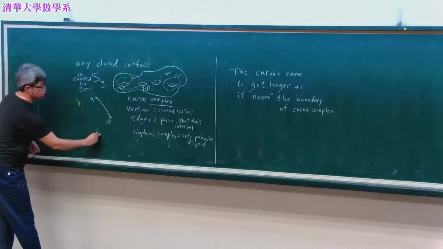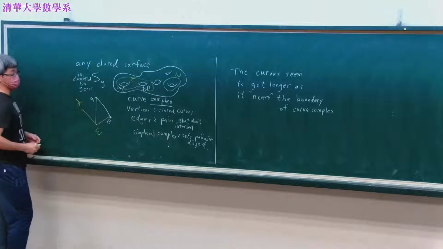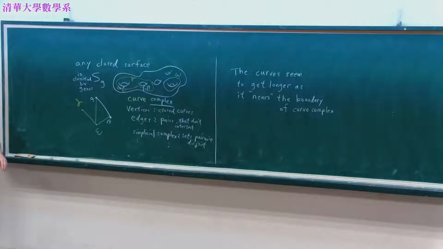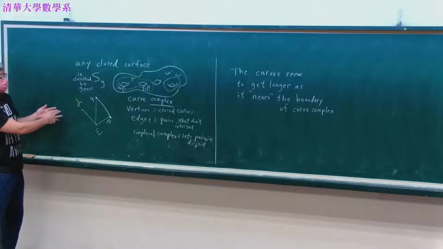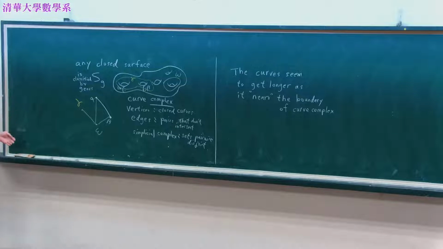So this omega happens to be intersecting with both alpha, beta, and gamma. And then if you want to find something that's not intersecting alpha, beta, gamma, and omega, then you need something that crosses all four of them. And in order to move further and further away, you have to look at curves that cross more and more of them.